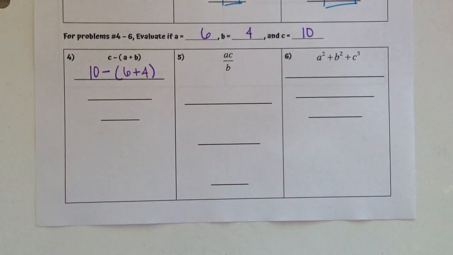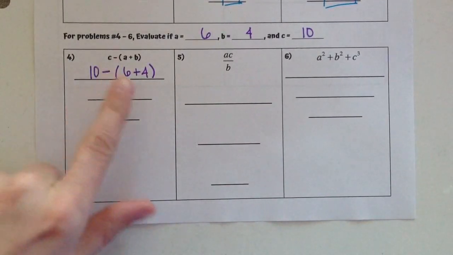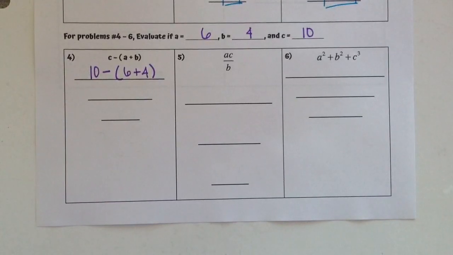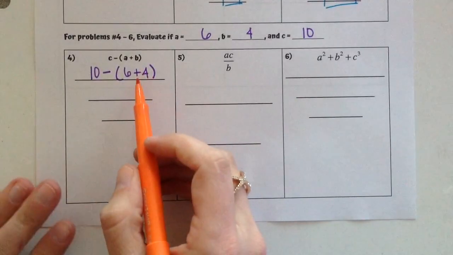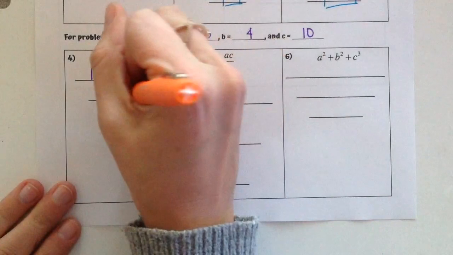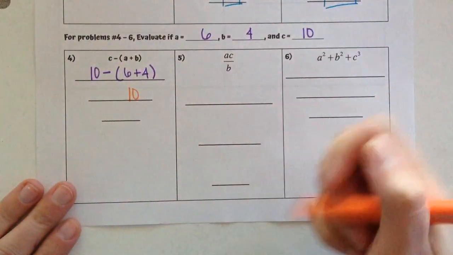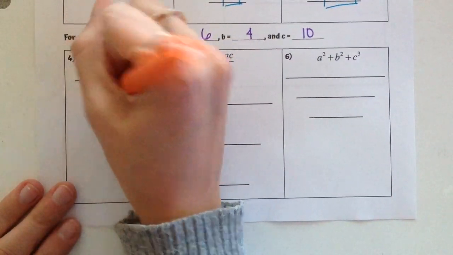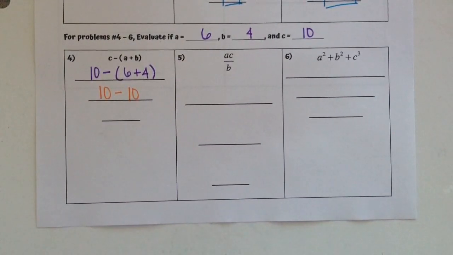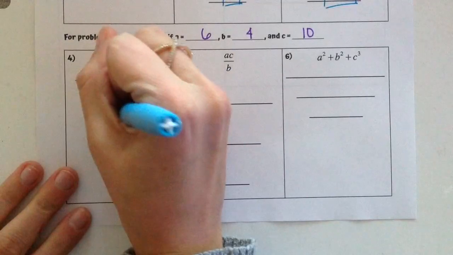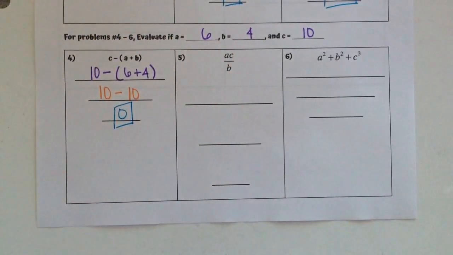So per the order of operations, the first step that I have to do is parentheses before I subtract. So within the parentheses, 6 plus 4 is 10, and then I'm carrying everything else down. 10 minus 10. Well, all we have now is subtraction, so 10 minus 10 is 0. That is our answer.